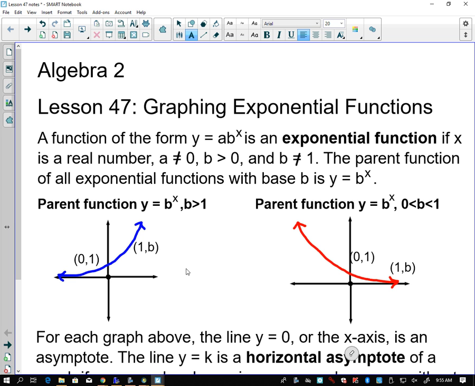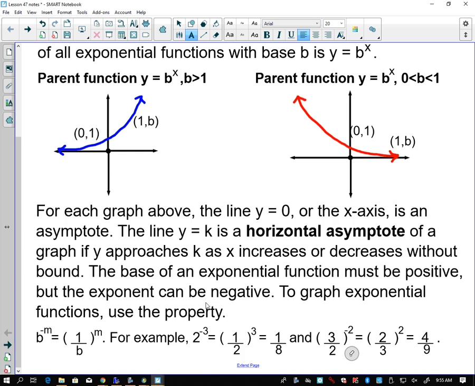So b could be a whole number or even a mixed number, just so long as it's greater than 1, to the x, and I would get an exponential increase. But my parent function for exponential decrease has a somewhat limited range.